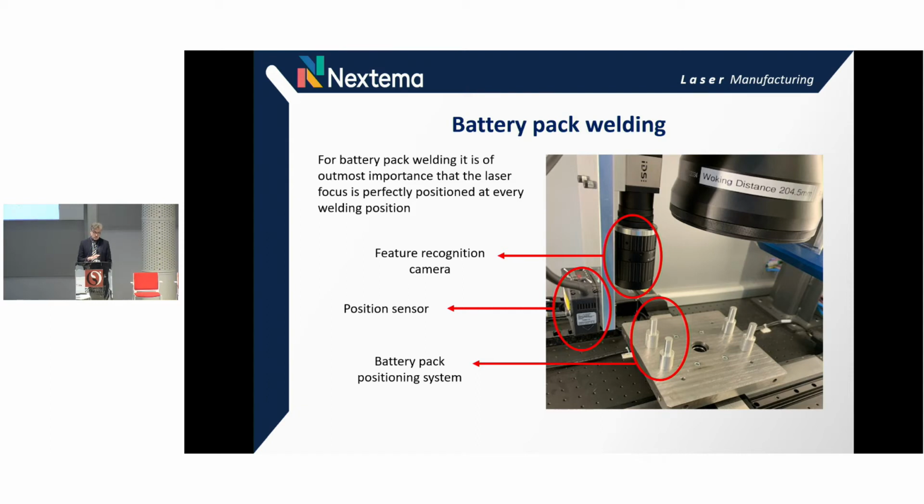There is also a position sensor that adjusts the focus for each welding position, especially in short focal length applications. This is of utmost importance, of course. And here it is also possible to see the battery pack position system for the specific application in this case.